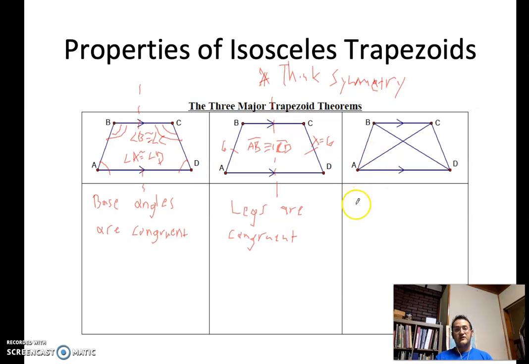And then the diagonals are congruent. They don't bisect each other, but they are congruent to each other.